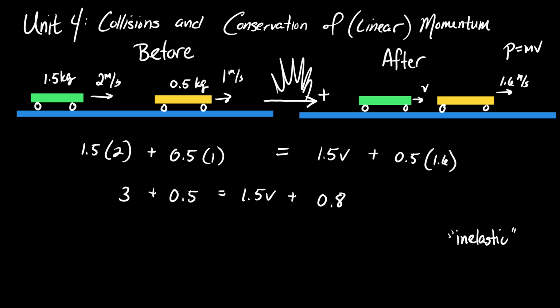So 3.5 minus 0.8, is that right? 2.7 equals 1.5v. This stuff really isn't that hard. So I don't know what 2.7 divided by 1.5 is. 1.8. So clearly this car slowed down during the collision while this car sped up during the collision.